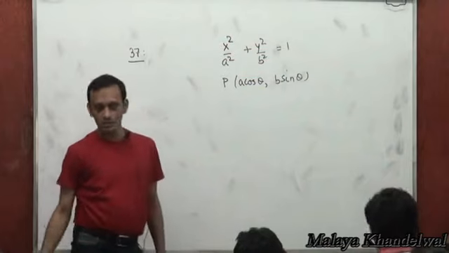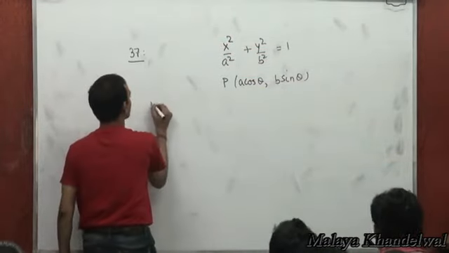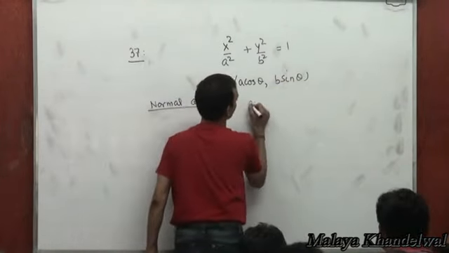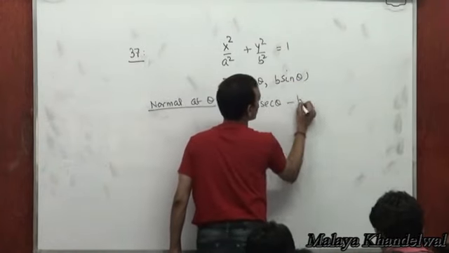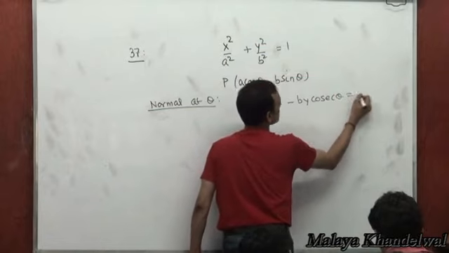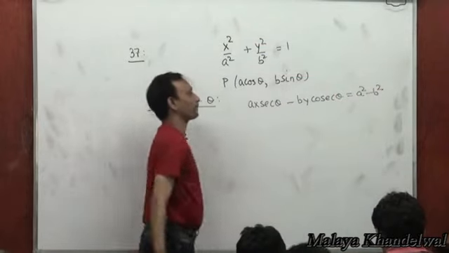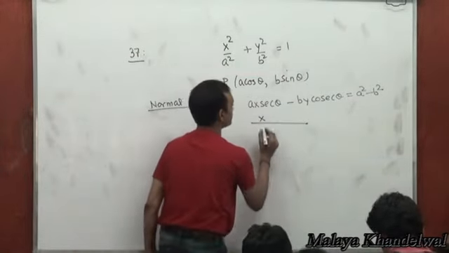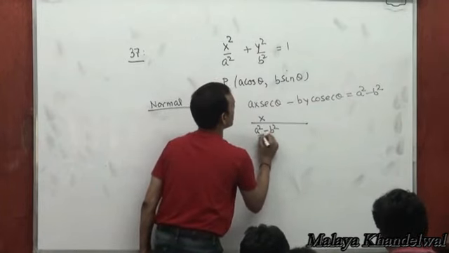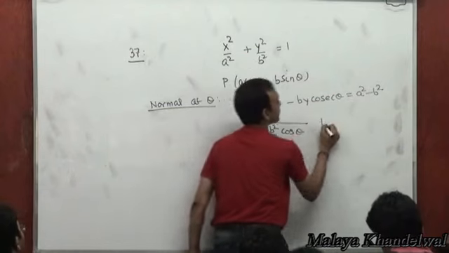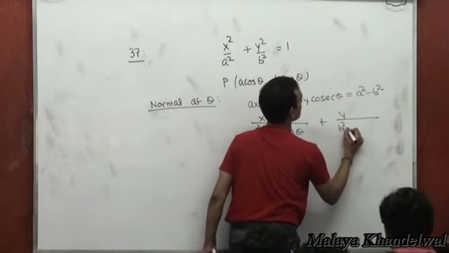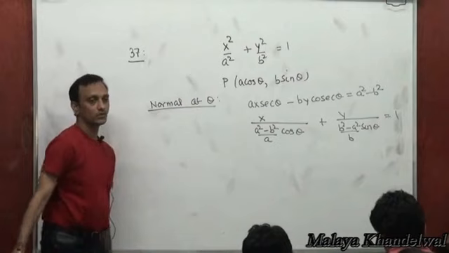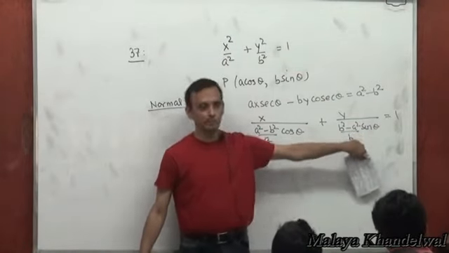The normal at theta is ax sec theta minus by cosec theta equal to a squared minus b squared, which you can write as x by (a squared minus b squared by a cos theta) plus y by (b squared minus a squared by b sin theta) equal to 1, so that you readily get the x and y intercepts.